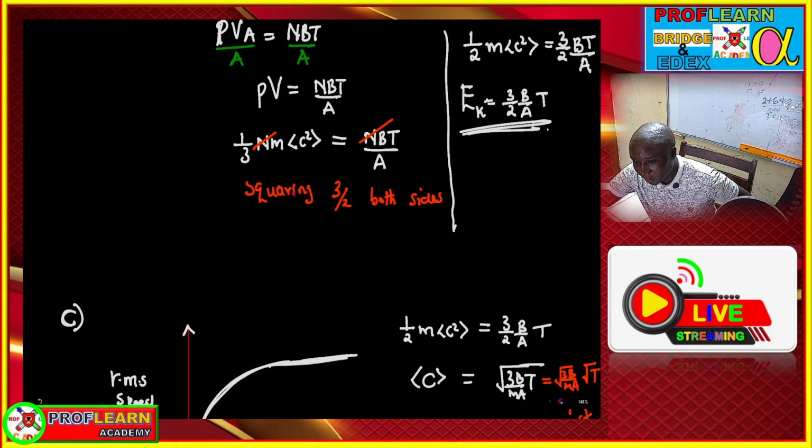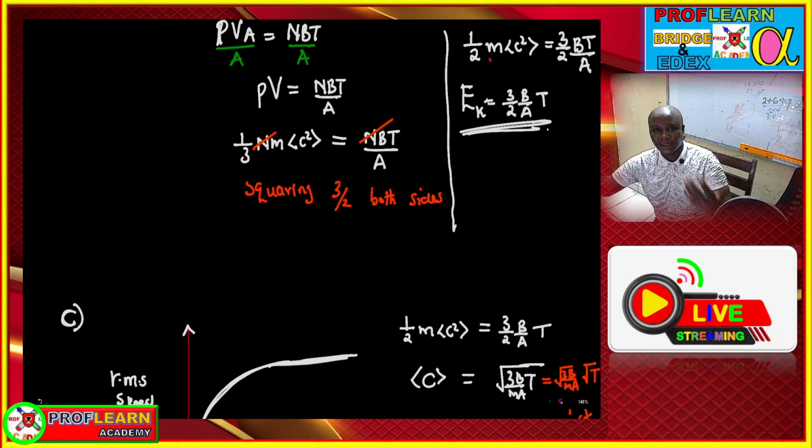multiplying, not squaring, I need to cancel this. I need to cancel that. This is not squaring, it's multiplying. The software is not really working. Multiplying 3/2 both sides, I'm going to have a half m c squared.